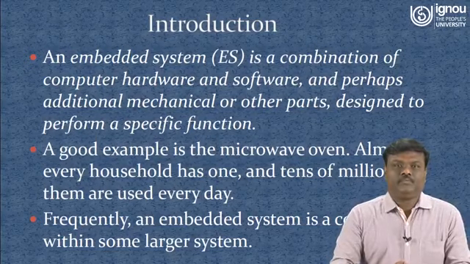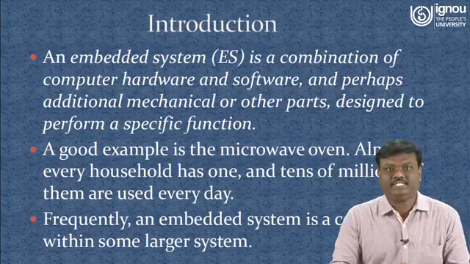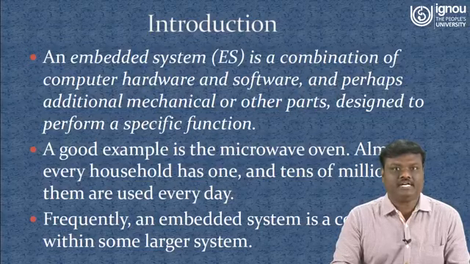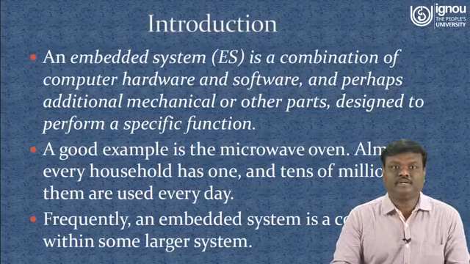Before going ahead, let us learn the definition of the embedded system. An embedded system is a combination of computer hardware and software and perhaps additional mechanical or other parts designed to perform a specific function.